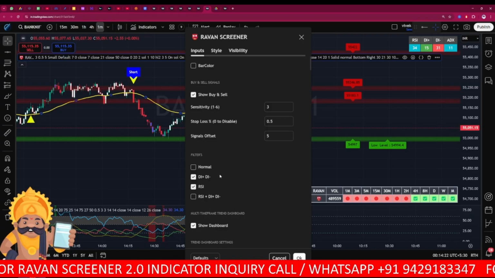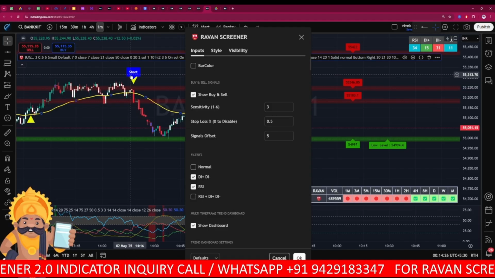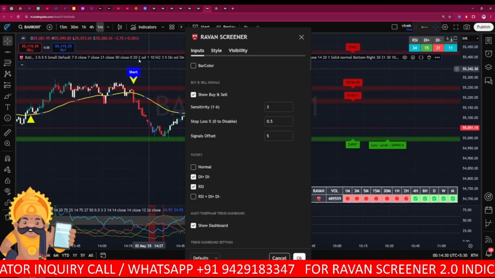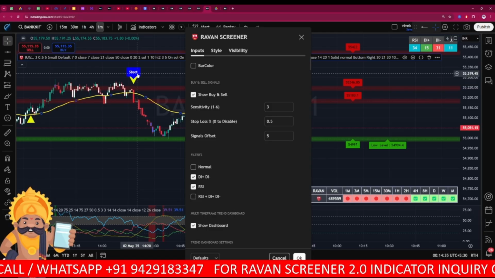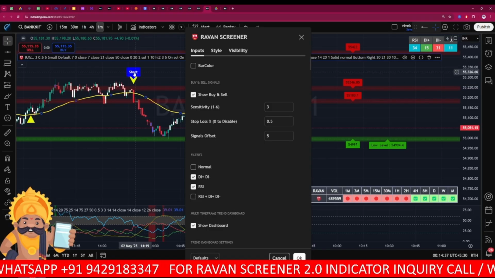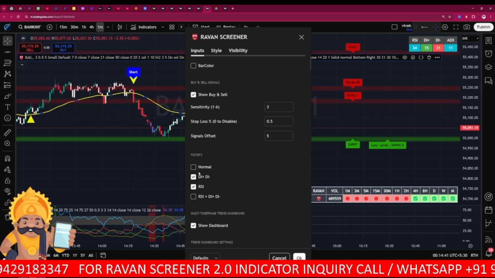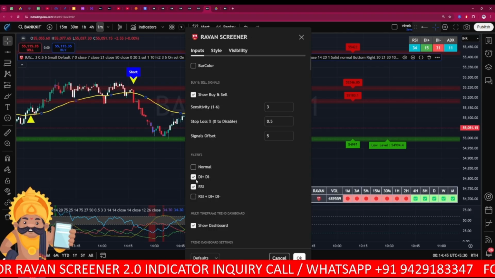You can see I have just checked RSI and the arrow has been presented over here. So in this specific trade the DI plus DI minus blue color is a confirmed signal, as well as the RSI confirmation in this trade. It's a simple check mark, and you get this confirmation highlighted on the chart.